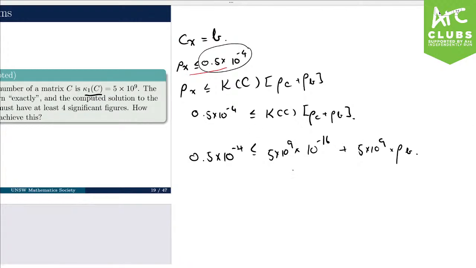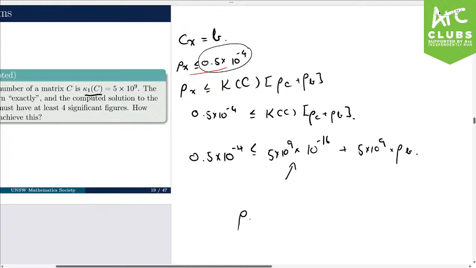Now we just want to rearrange for rho of b. So this term is quite small compared to everything else, so we can just assume that it's close to 0.